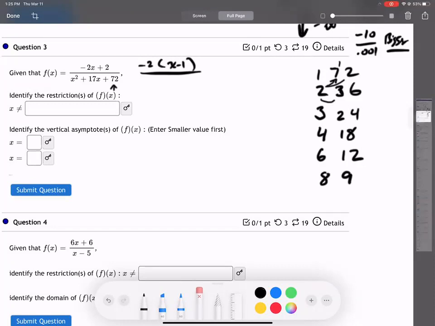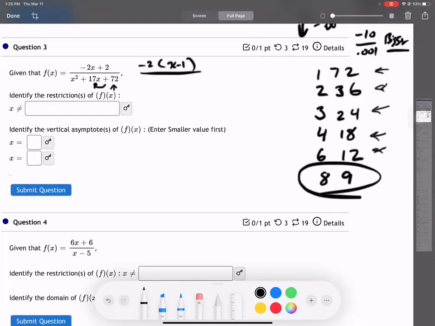Do any of these options here add up to become 17? And maybe you already thought about 8 and 9, right? That's always the one that we probably would have checked. I would have tried 8 and 9, but I want to show you guys all the possibilities. None of these other possibilities here add up to become 17.